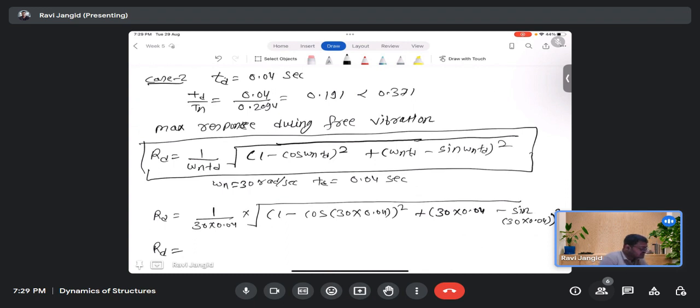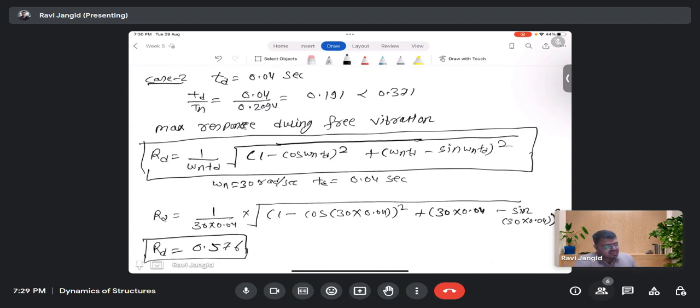Keep your calculator in radian mode. So I am getting 0.576. Anyone with the answer? Yes, sir.